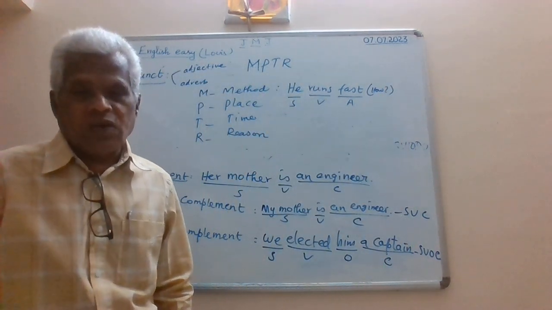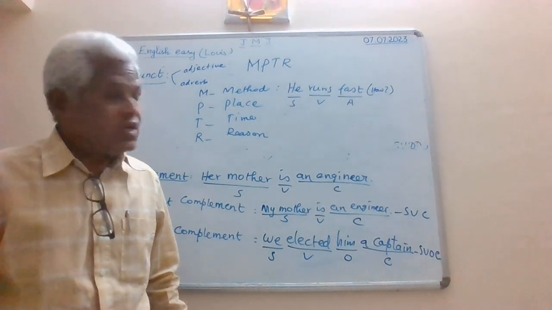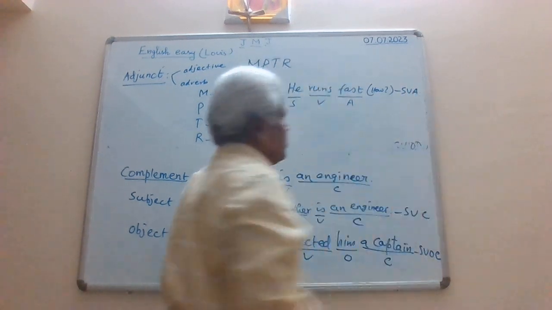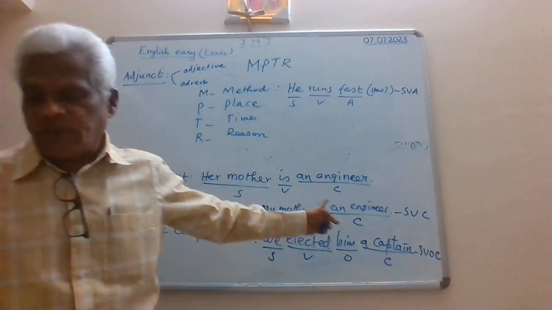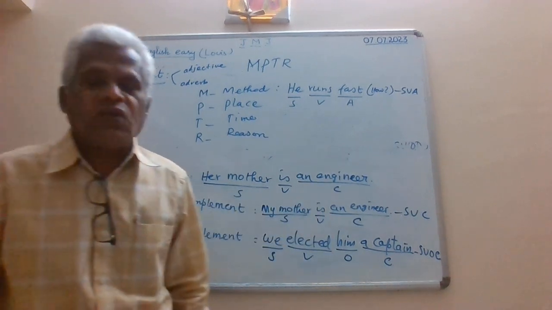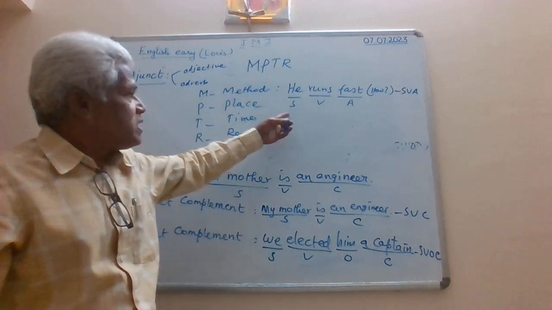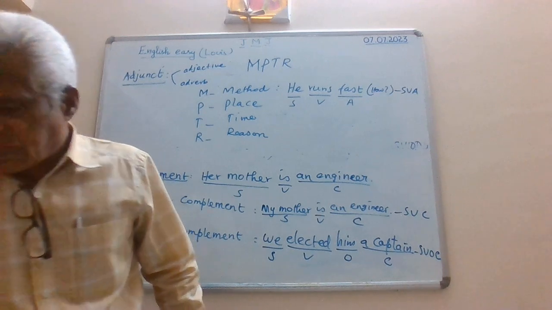How does he run? He runs very fast. And the pattern of the sentence is SVA, and this refers to the method. This is known as the SVA pattern.